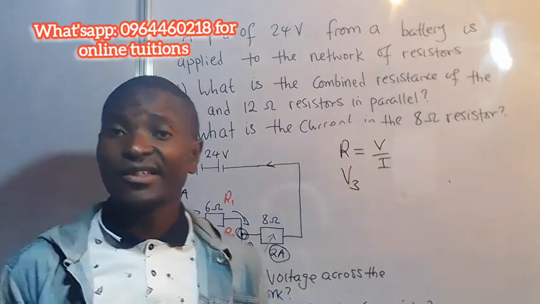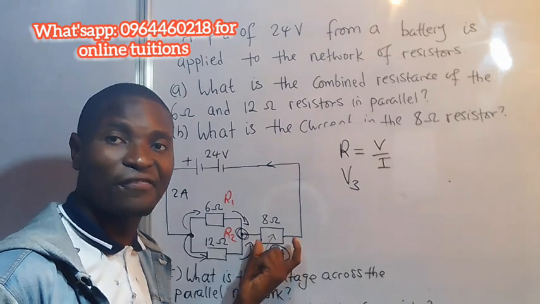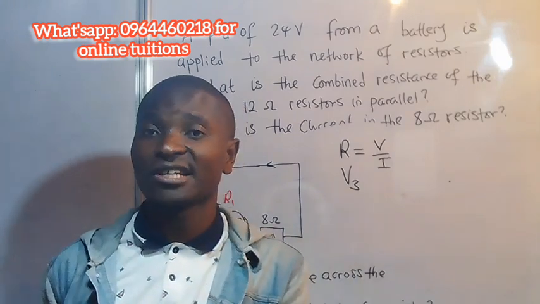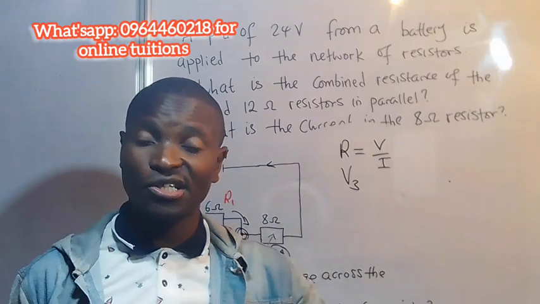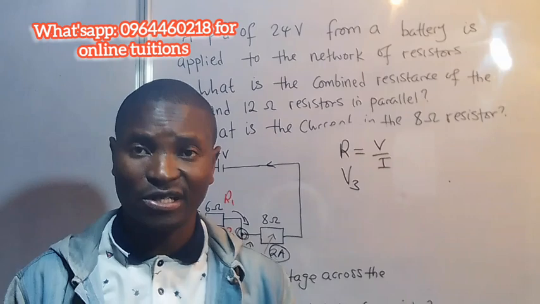So V3, what am I talking about? This is the voltage at the third resistor. The 3 is just a numerical representation that I'm referring to the voltage on the third of these resistors.